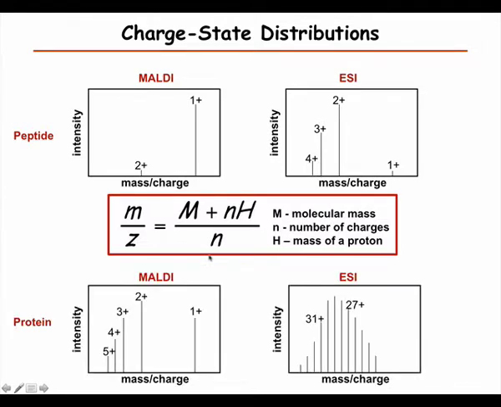And then for proteins, again, we have this difference that we have many more charges in electrospray than in MALDI. But even when the peptide's size increases and we get up to more proteins, then we get more charges because there's more room to put charges, and more basic residues.